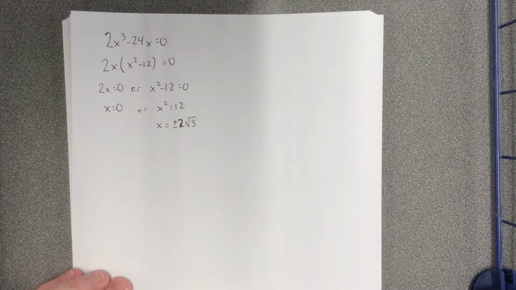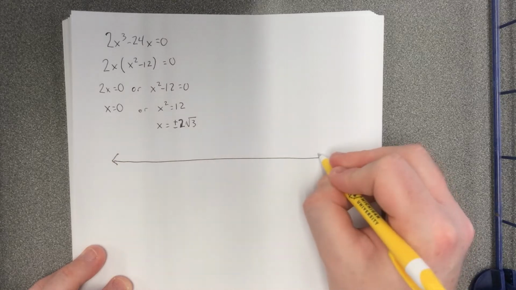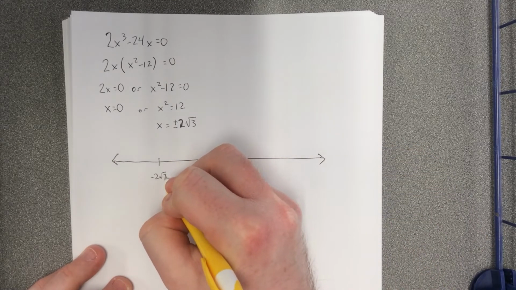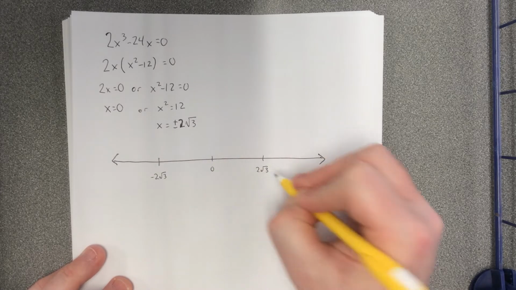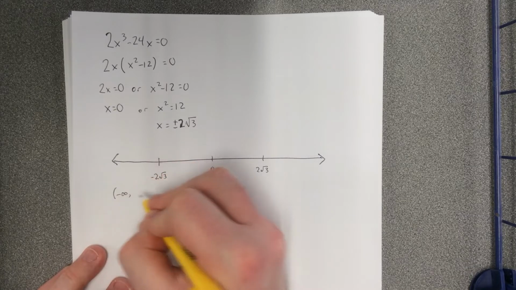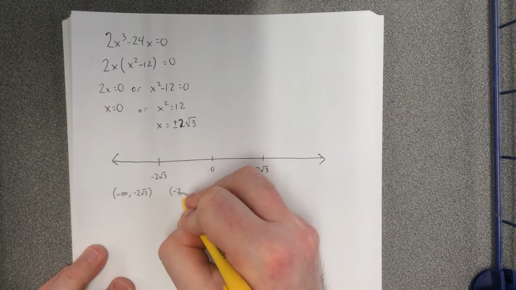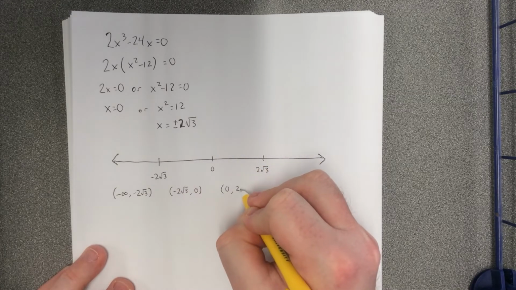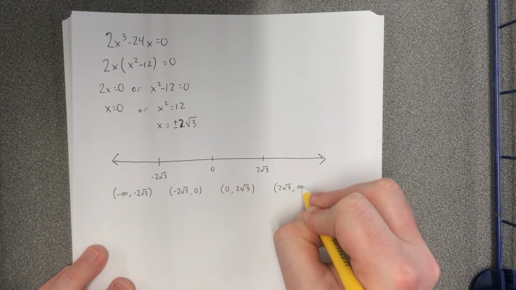Now what this tells me is I am going to have a total of 4 test intervals with cutoffs at negative 2 square roots of 3, 0, and 2 square roots of 3. So my 4 intervals are negative infinity to negative 2 square roots of 3, negative 2 square roots of 3 to 0, 0 to 2 square roots of 3, and then 2 square roots of 3 up to positive infinity.